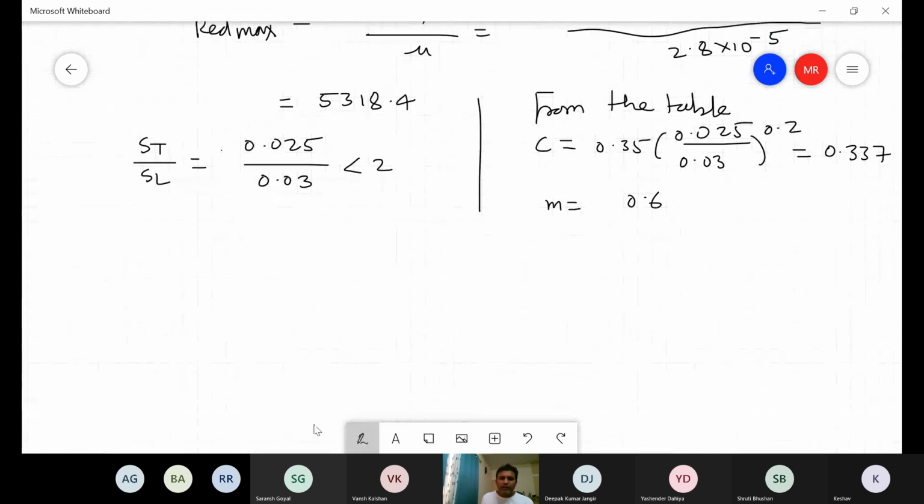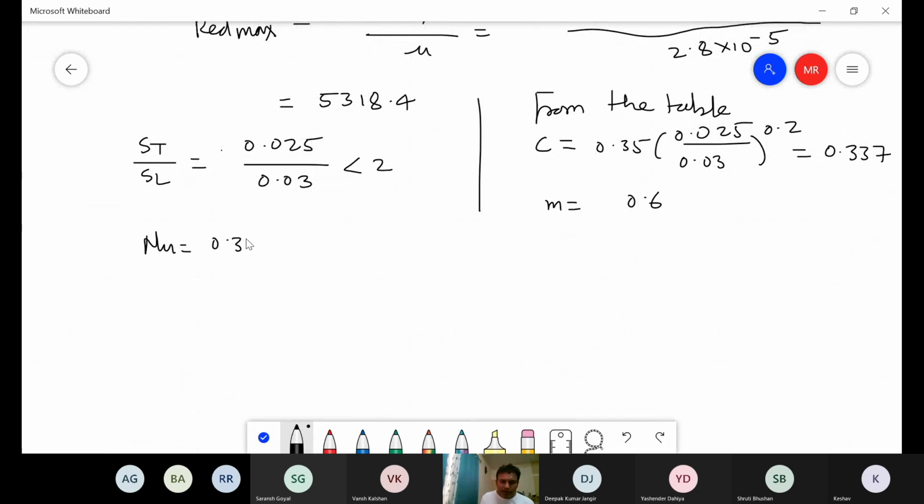So now we can use the expression of the Nusselt number. So Nusselt number in this case is given as 0.337 into Reynolds number raised to the power 0.6 into Prandtl number raised to the power 0.36 into the viscosity ratio. Since the Prandtl number at the wall is given, we can assume that ratio equals 1.